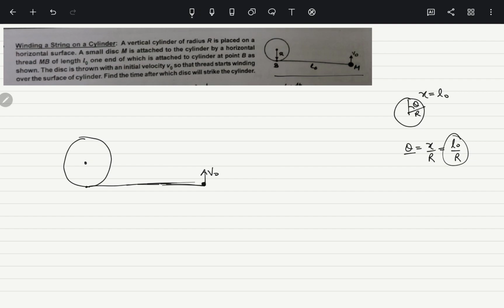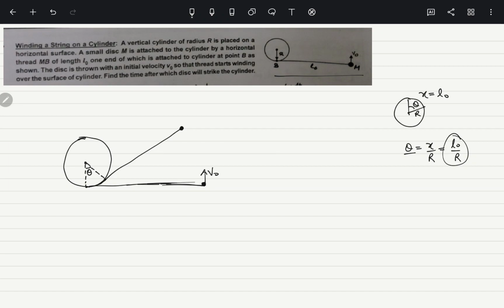Let's say after t time, the thread is like this, it has winded somewhat over the surface. So let's say it covers some angle theta here, and this is the disc, which has some velocity v at this point of time.